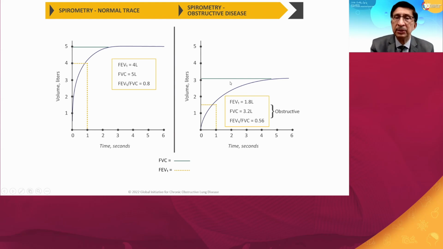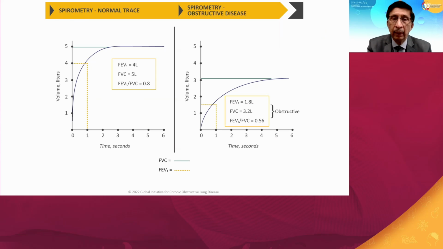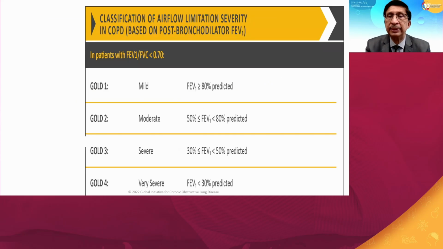However, in a person with COPD, the FEV1 is markedly reduced to 1.8 liters, and the vital capacity is also reduced to 3.2 liters. So the ratio is only 0.56. That confirms the diagnosis of an obstructive airway disease.